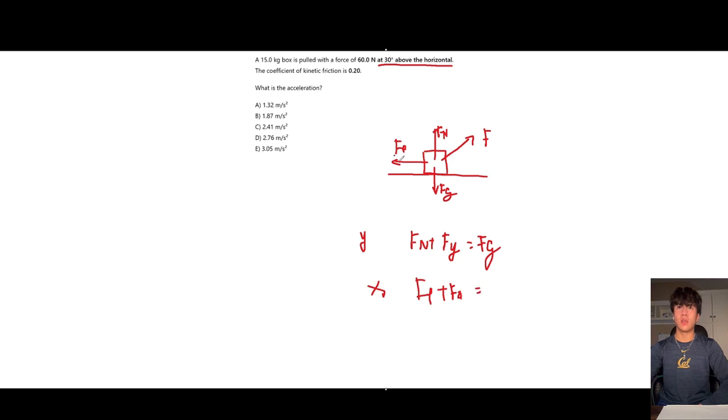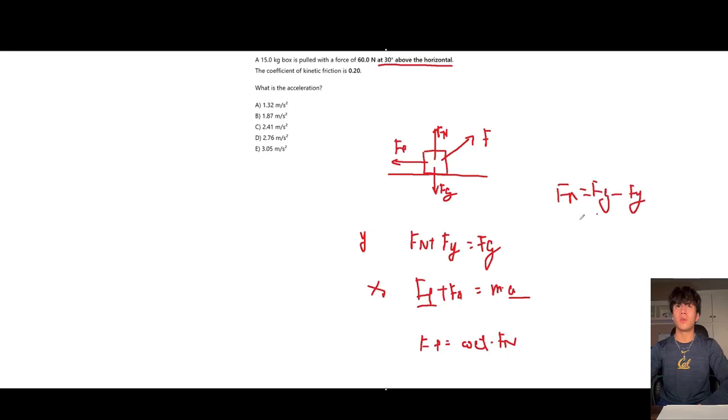Again, according to Newton's second law, the net force equals mass times acceleration, and the acceleration is what we want to find. So we want to find the friction force. Friction force equals the coefficient times the normal force. We have our coefficient, we just need to find our normal force. Our normal force equals the gravitational force minus the y component of the force.